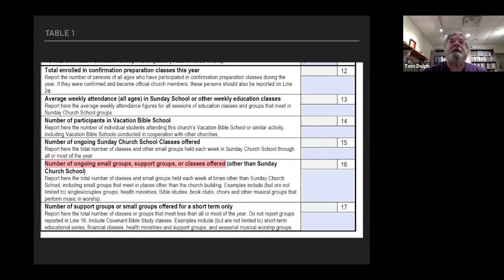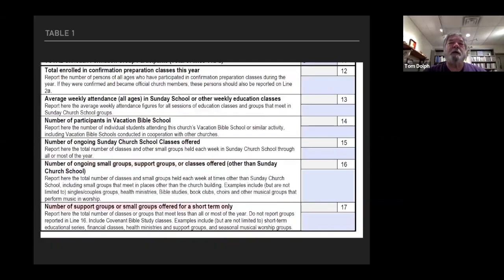So this is not a short-term study, this is an ongoing study. It doesn't matter whether they meet weekly, monthly, semi-monthly, or however, as long as it is basically at least once a month and throughout the year, that would be included here.